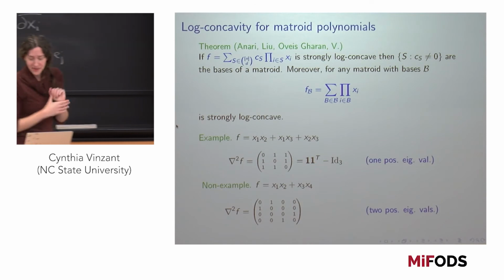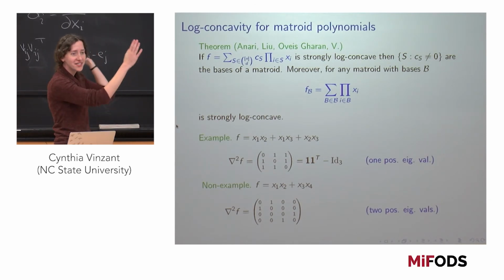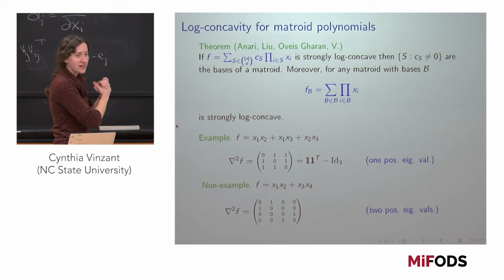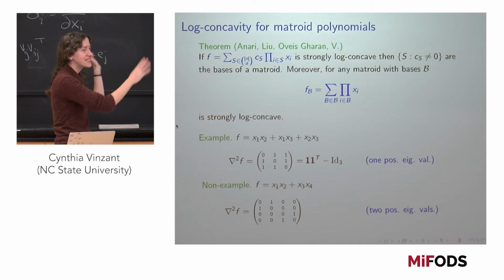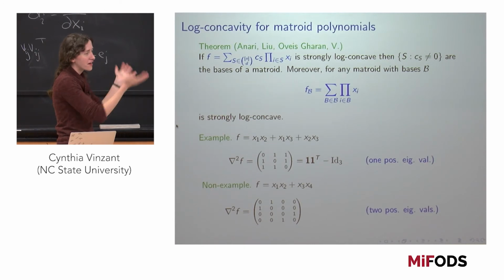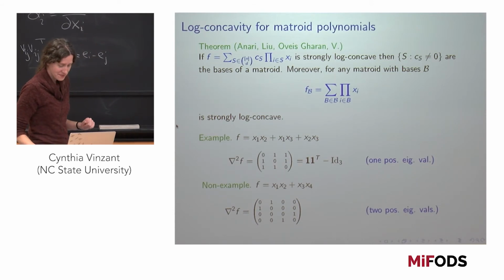But I decided to just stick with the matroid. So here everything is subsets of n, which corresponds to 0,1 vectors. There are extensions of this to other collections of lattice points, but I decided to not talk about that for the day.